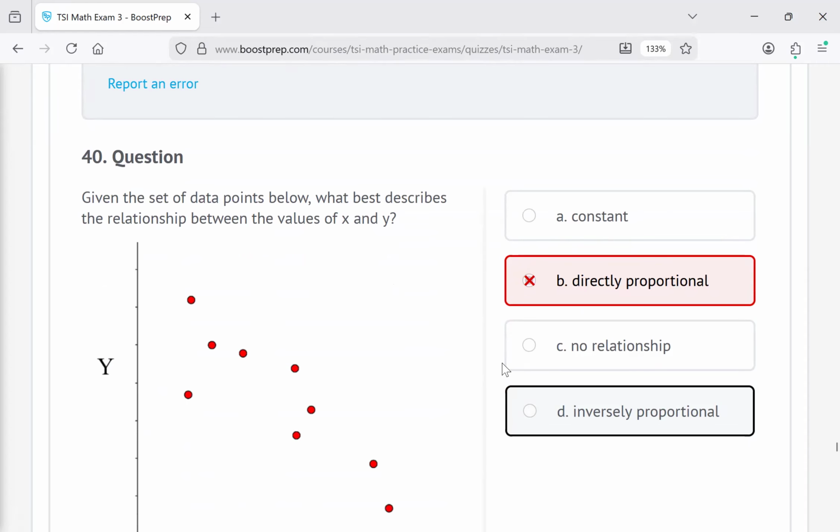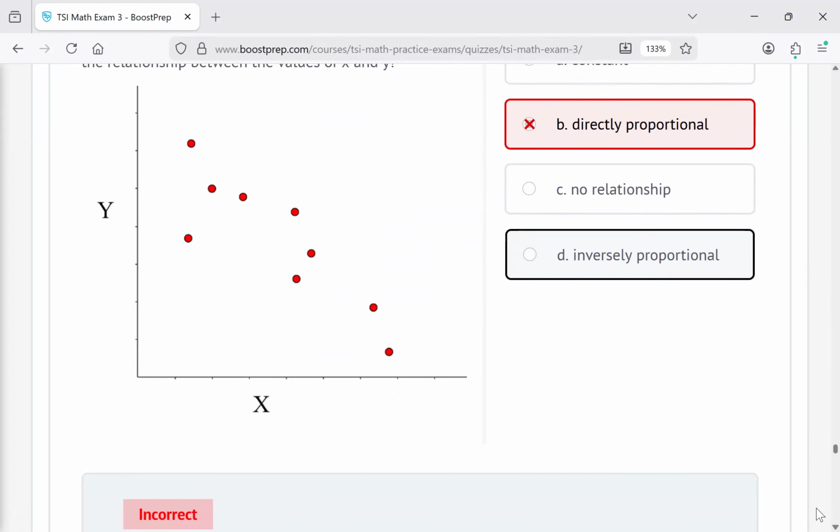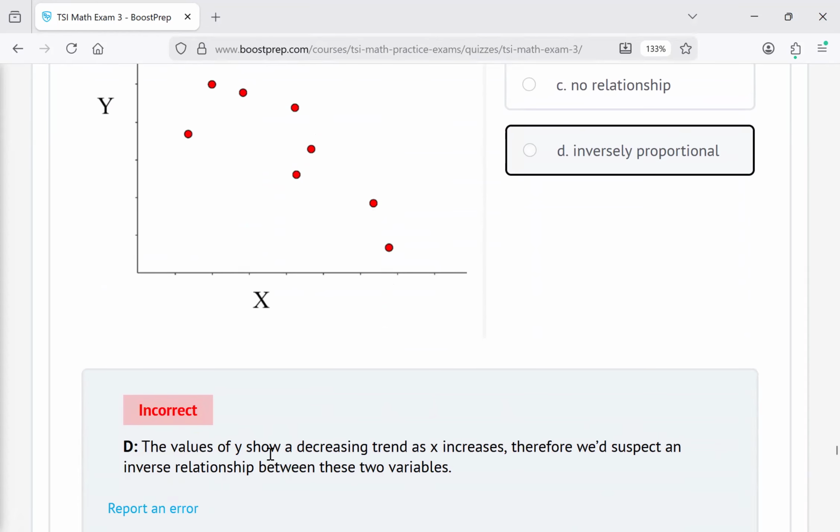So here we have this scatter plot. It's going to the left. I thought it was linear, but I guess I was wrong. The values of y show decreasing trends as x increases. Therefore, we suspect it's an inverse relationship between these two variables. So that's why it is inversely proportional.